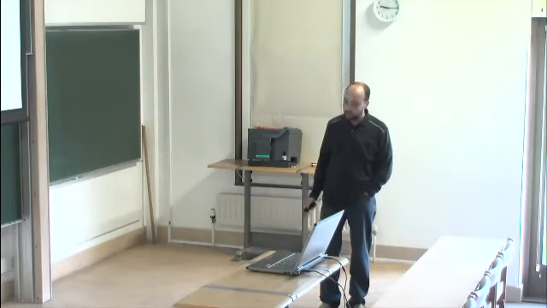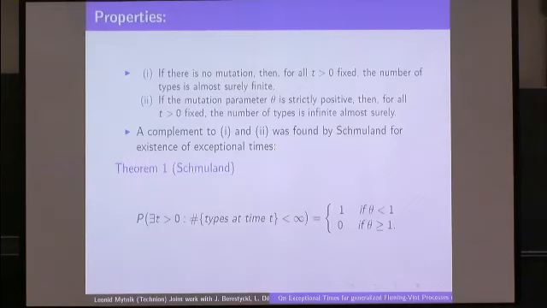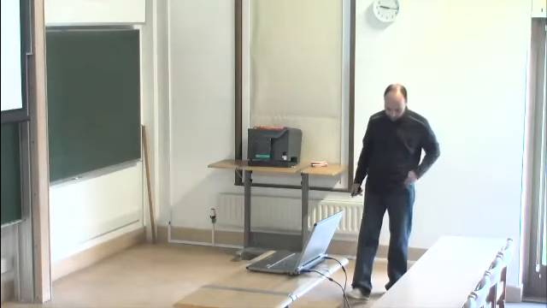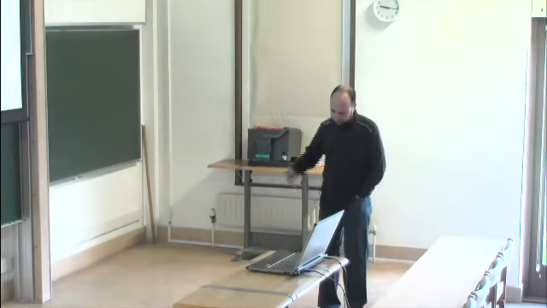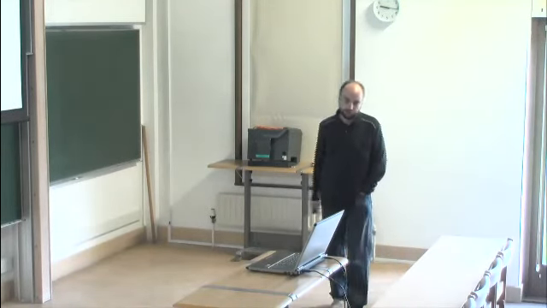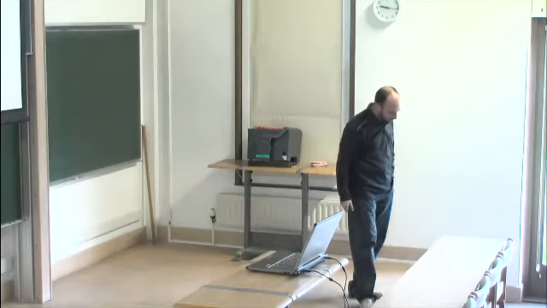What we're going to talk about is the so-called generalized Fleming-Viot process. People come to the conclusion again that the classical Fleming-Viot we talked about is not enough. There are other models that should be described.